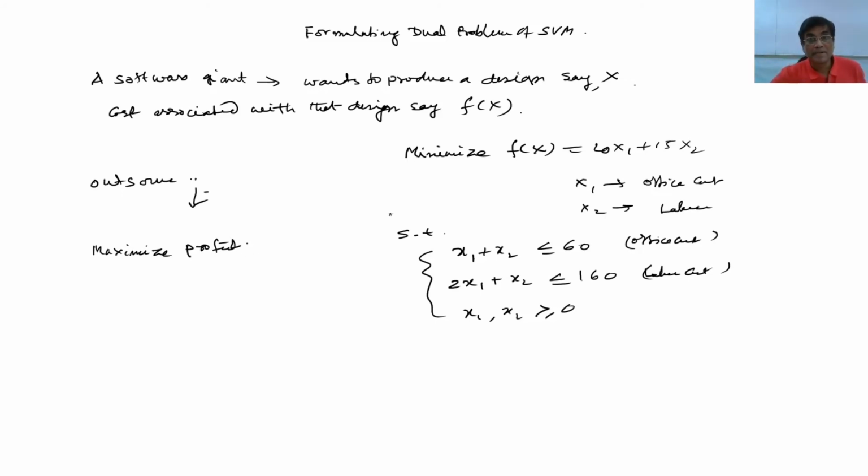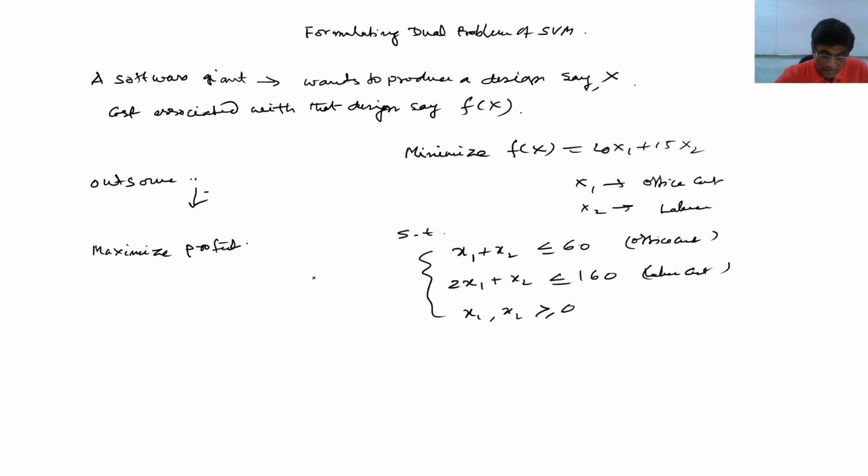But maximizing profit means this outsource company will not ask for any money which is greater than the minimum amount which they would have spent to manufacture or design in their own company, right? So say f of x is the optimum cost, so the challenge is the outsource company has to produce that product within this cost, okay?